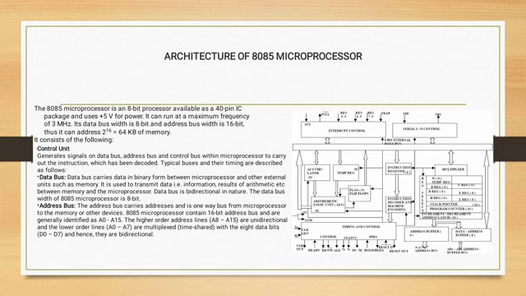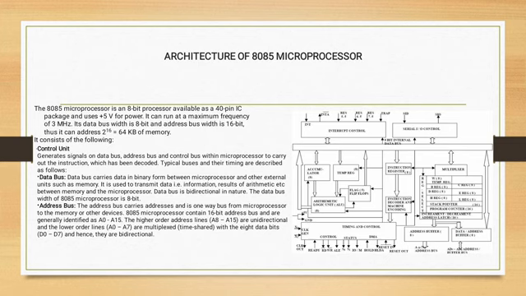So data bus means through which the data in binary form could be transferred in between microprocessor to any other external devices. It may be our device or others. In case of 8085, always remember the data bus is 8-bit and the address bus is 16-bit. So that is why this is called 8-bit processor.